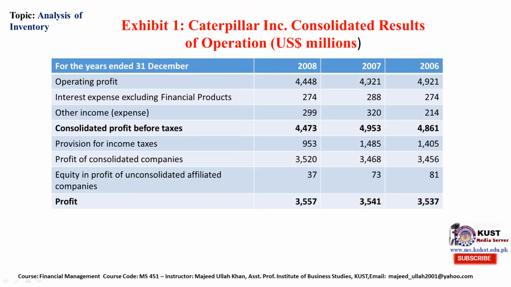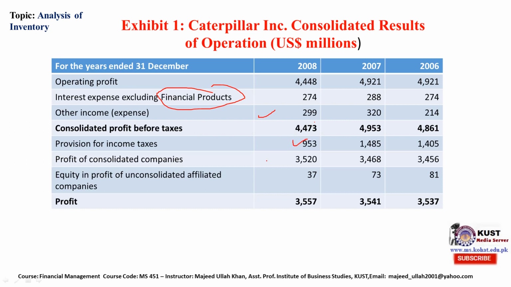Operating profit is the result of operations continued from the previous slide. So interest expense that is not pertaining to financial products, and other income or other expense are reported here. So this is consolidated profit before taxes. This is tax.